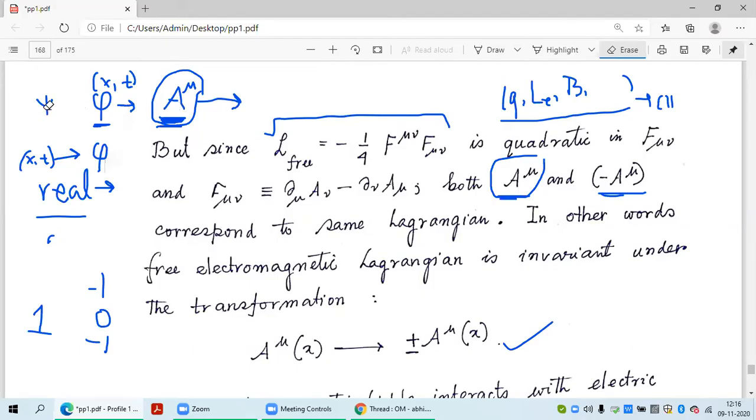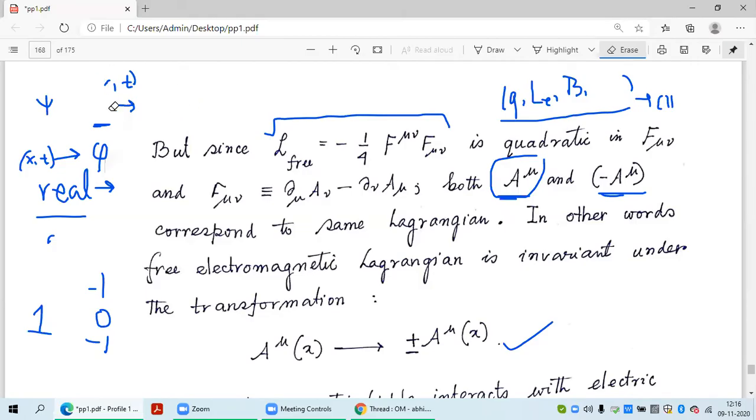If it is real and also scalar, it will only describe particles which have 0 spin. If it is not a scalar but real, then it can represent particles with spin.